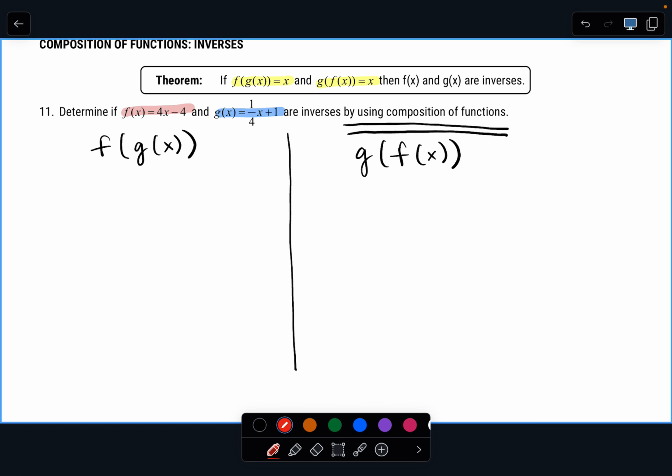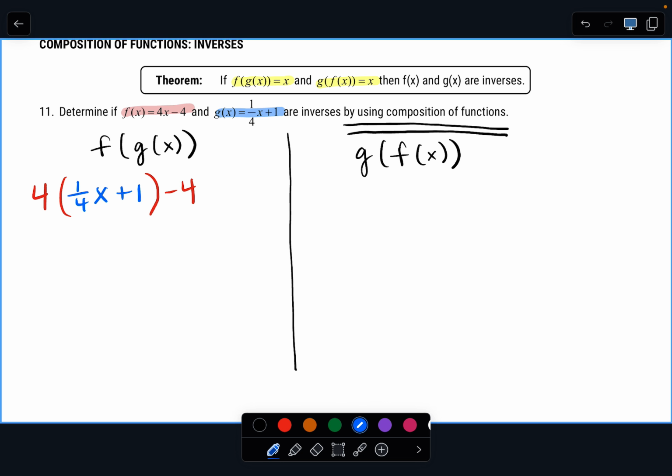Remember, I told you, when I do these problems, everywhere I see an x, I put a big parentheses. And in that parentheses is where you're plugging in the other function. So I'm going to take 1/4 x plus 1, and I'm plugging it into where that x would normally be.